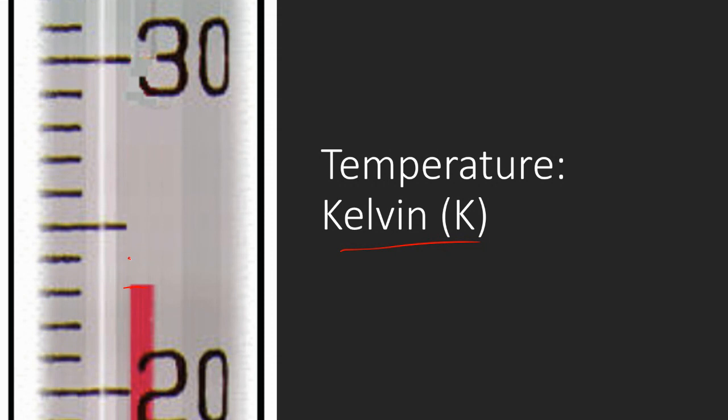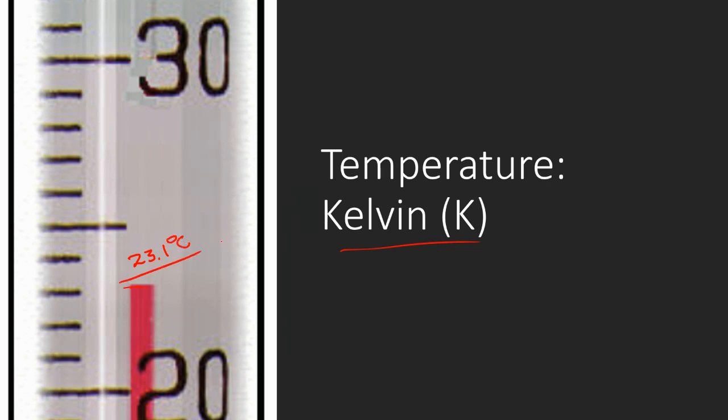So I might write 23 degrees Celsius. But if you were paying attention earlier, I actually want to guess one digit past what I know. So it looks like it might actually be a little bit above 23. I might write 23.1 degrees Celsius.